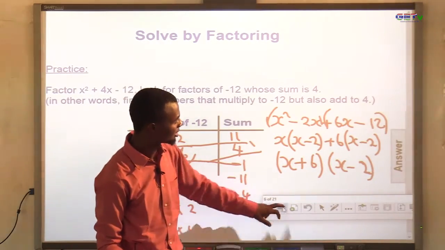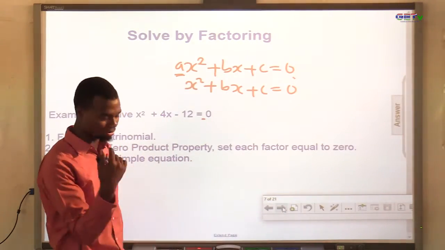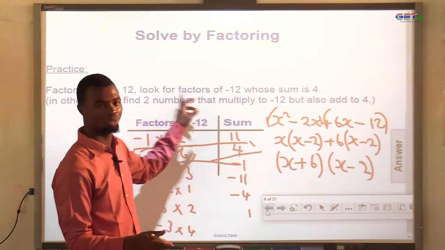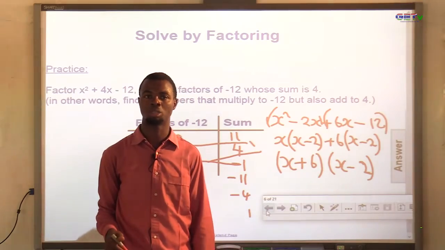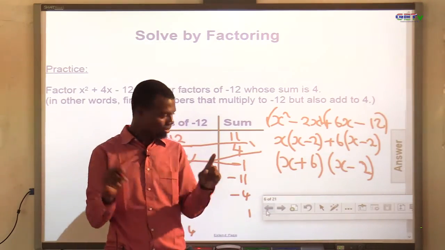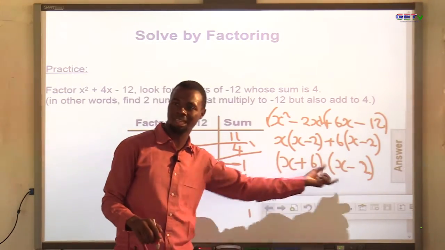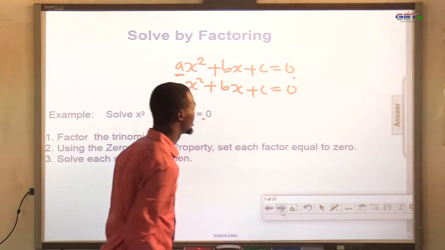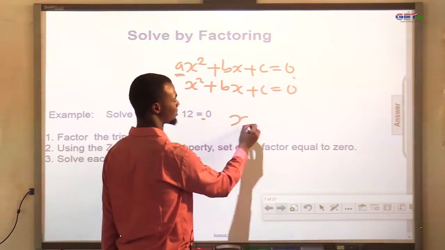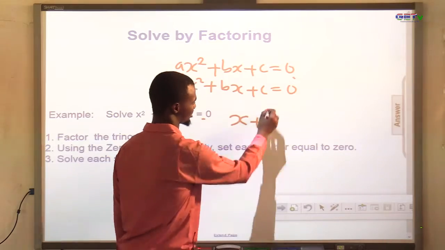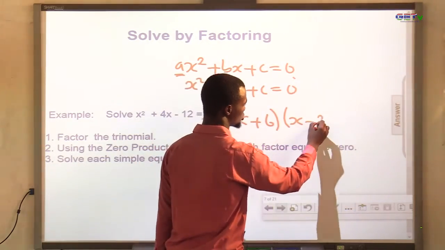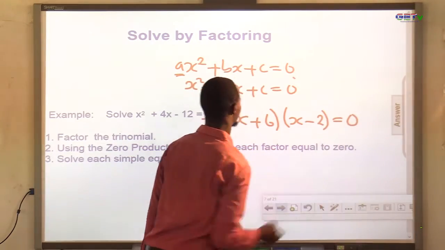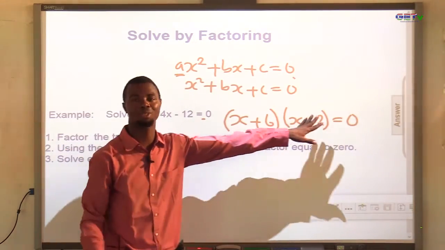This was solved for you as x plus 6 and x minus 2. I'm not repeating that solution, I'm just giving you the results. Now the result is x plus 6 times x minus 2 equal to 0. This equation and that equation are the same.